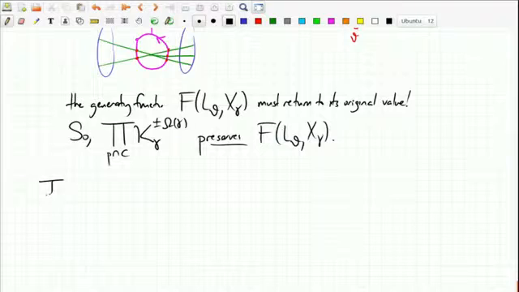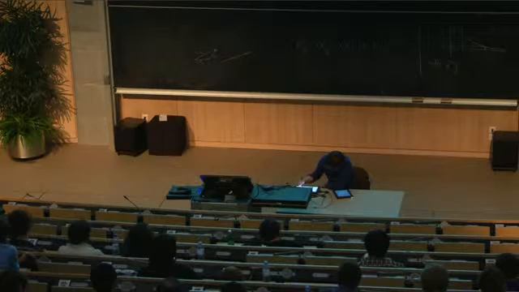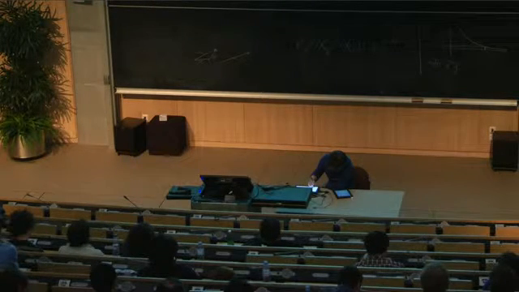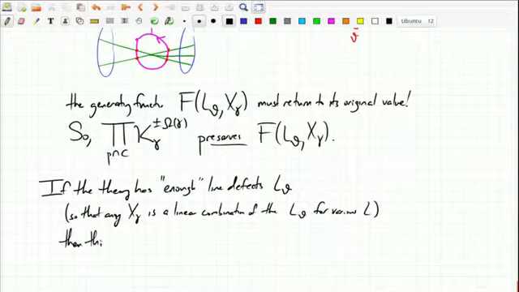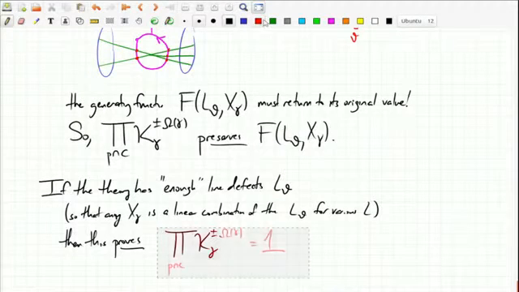So if the theory has enough line defects in it, so that, for example, any X gamma is a linear combination of the L theta for various L, then this is really enough to prove that this crazy product of automorphisms is the identity, which was this KS formula.